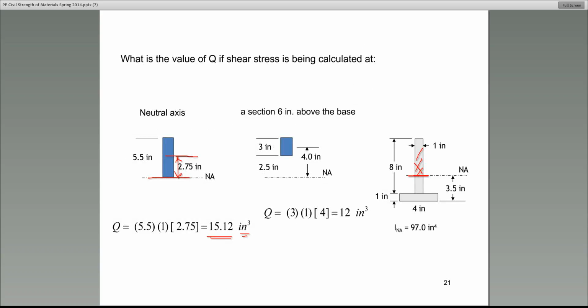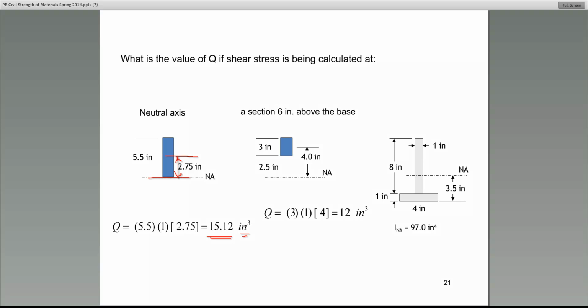Now, see if you can help me calculate this. When we talk about finding the shear stress 6 inches from the bottom, first, what did I say?